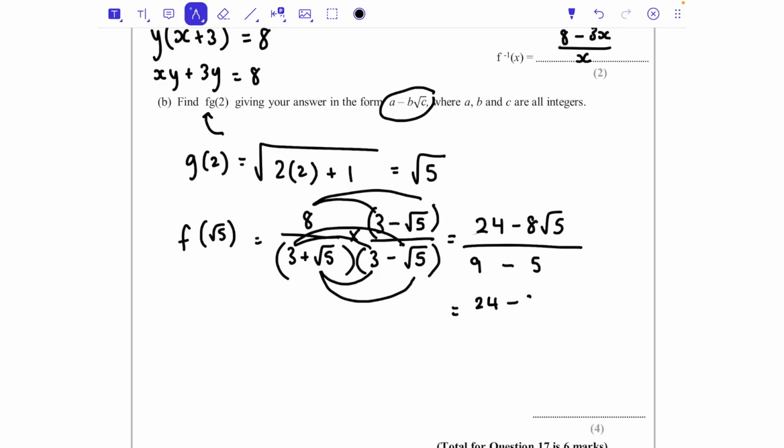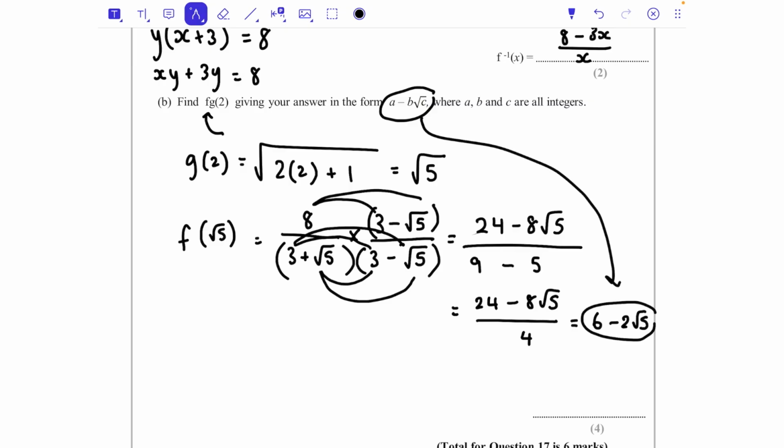So I've got 24 minus 8 root 5, all divided by 4, which is 6 minus 2 root 5. And now it's in the format that they asked me for it in. So that matches that, and that would be our answer, 6 minus 2 root 5.